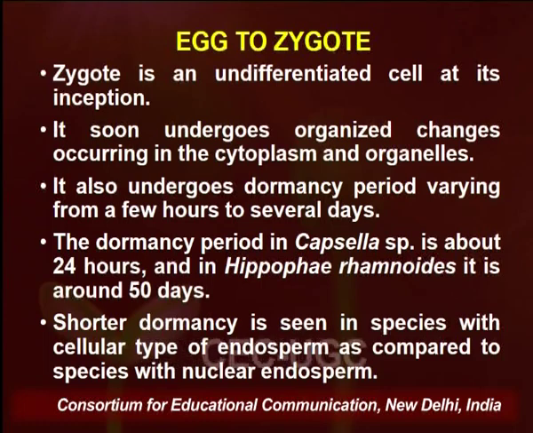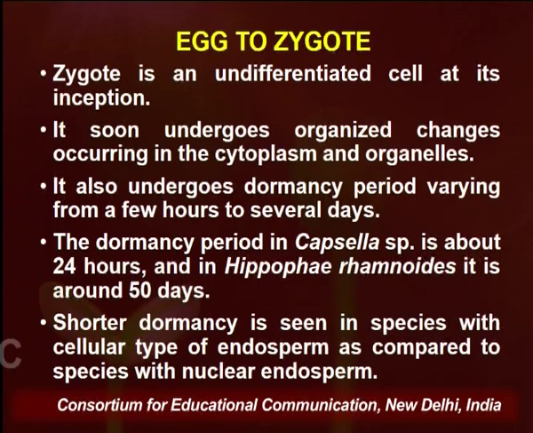It can be a few hours or it can be up to several days. In Hippophae rhamnoides, the dormancy period is 50 days, whereas in Capsella it is only about 24 hours. So, shorter dormancy is seen in species which exhibit a cellular type of endosperm as compared to species with a nuclear endosperm.